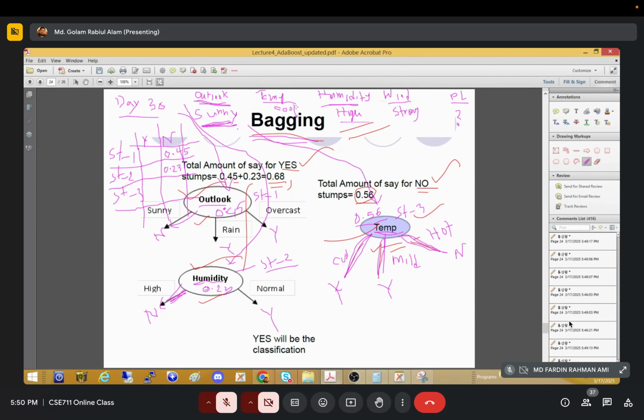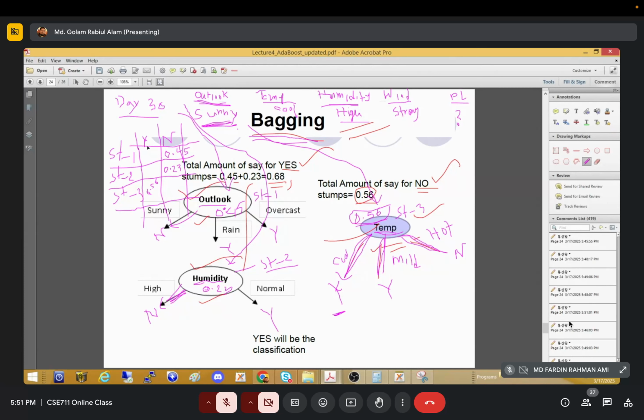We can see temperature is cool. If temperature is cool, then the decision is yes. So stump 3 will vote for yes, and the weight of that vote will be 0.56.